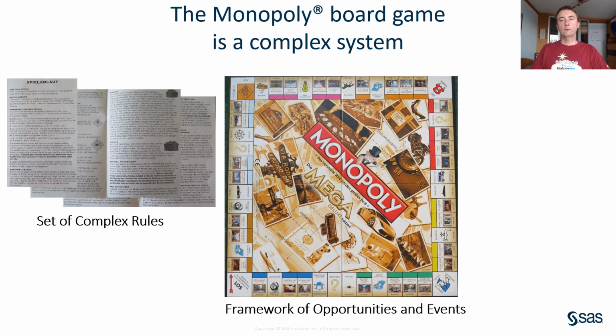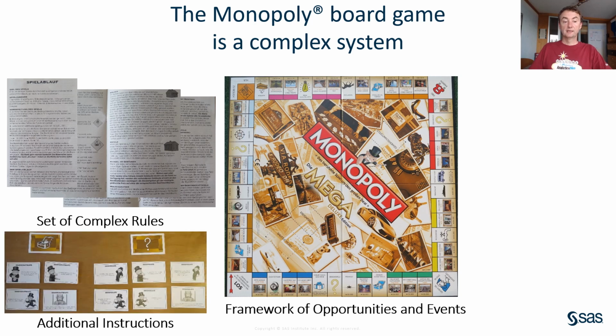And there's a framework of opportunities and events, which is the board itself, where you have to use your token and visit certain fields and then follow the actions and have the chance to perform certain actions. There are also additional instructions which come up with a certain probability if you visit a field, depending on the card which is on the top of the stack. And there's of course also a random component.